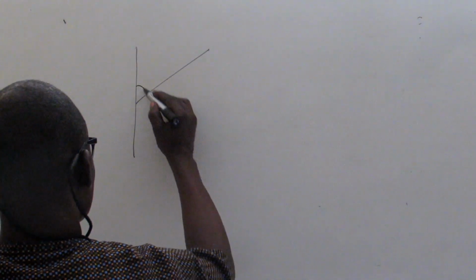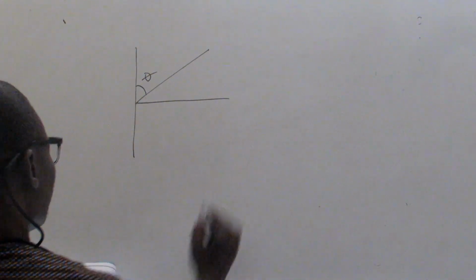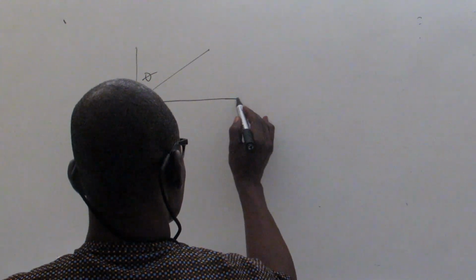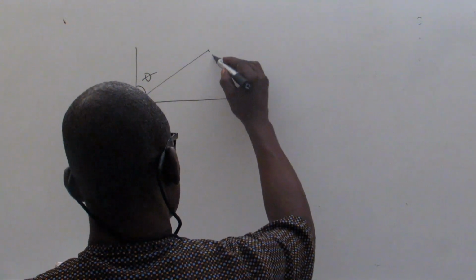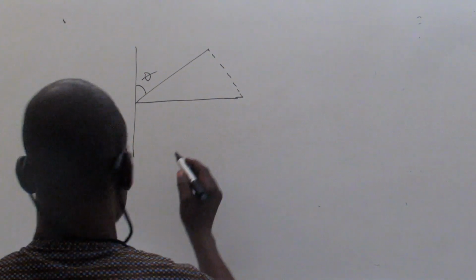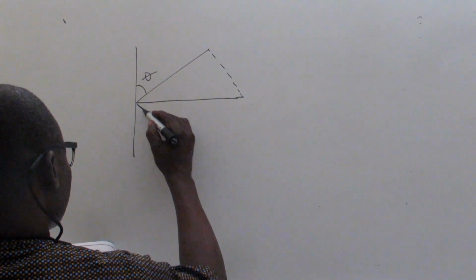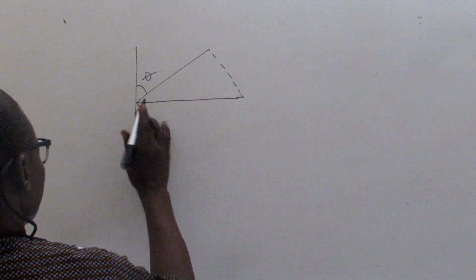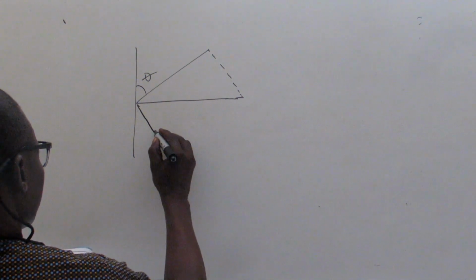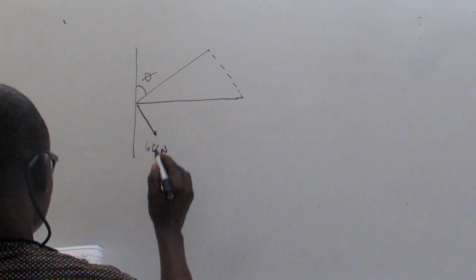We have this. This is angle theta. But the resultant is to act in this direction. Therefore, from here we have this, which is our 6 kilonewton.